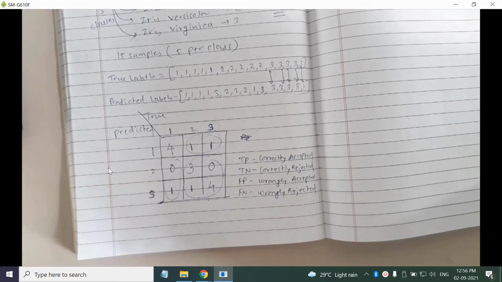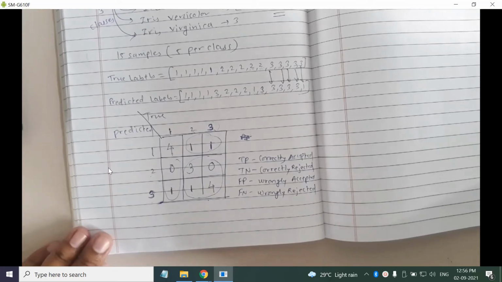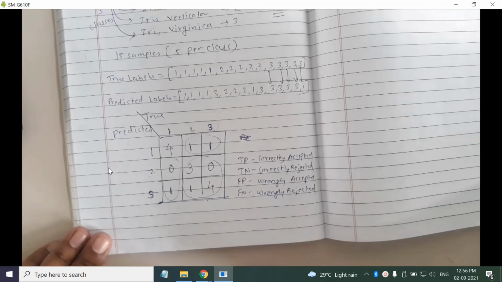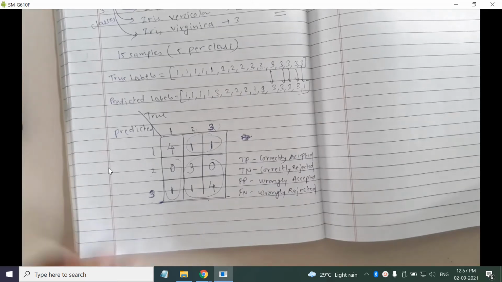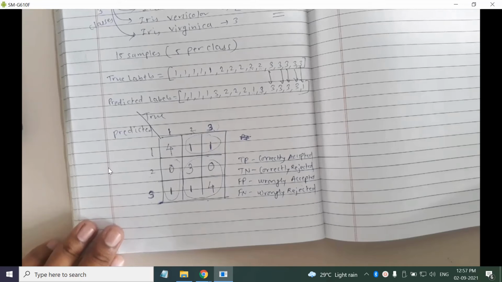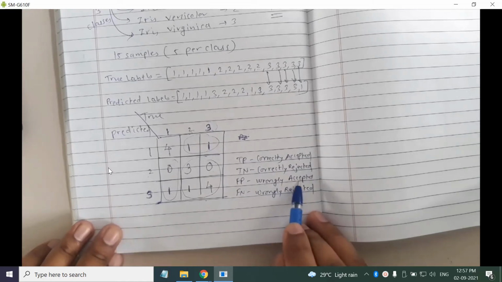Tell me. False positive, wrongly accepted. Horizontal or vertical? Horizontal. Anyone with vertical? Okay, false positive, wrongly accepted.